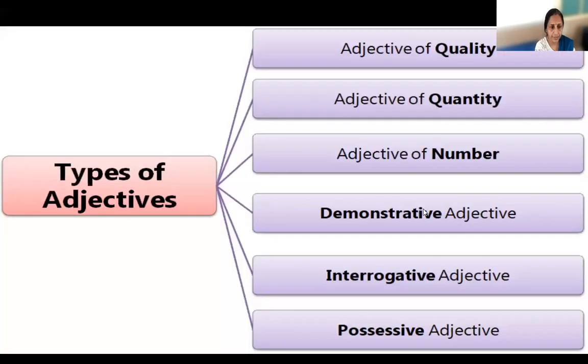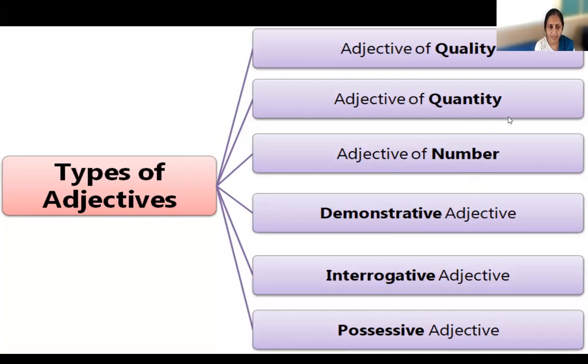Now we will quickly do a recap of the different types of adjectives that we have learned today. First we did adjective of quality, where you will ask the question, what kind of? Next we did quantity, that is indefinite adjectives, where you're not clear about the amount or the actual quantity.